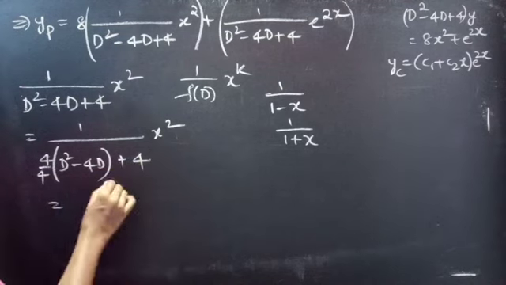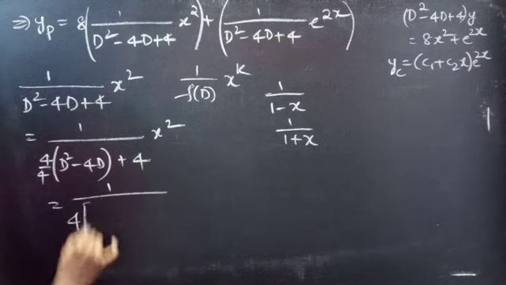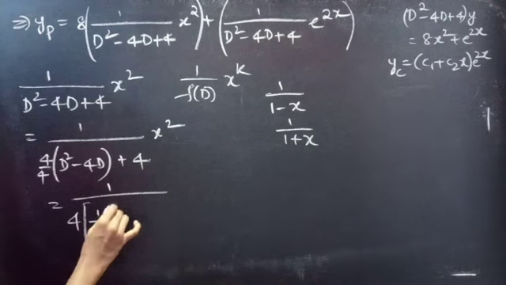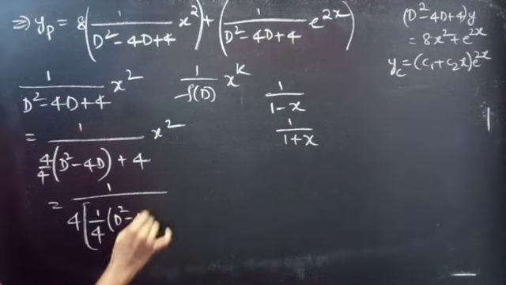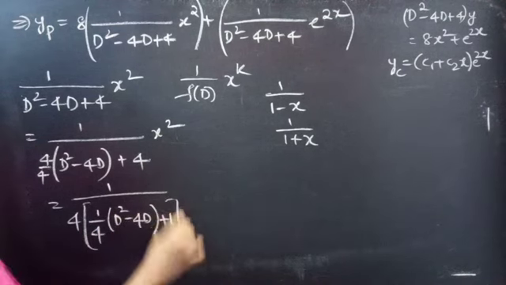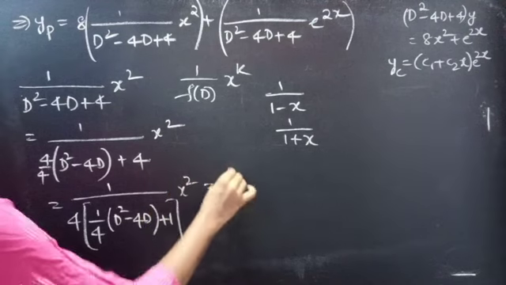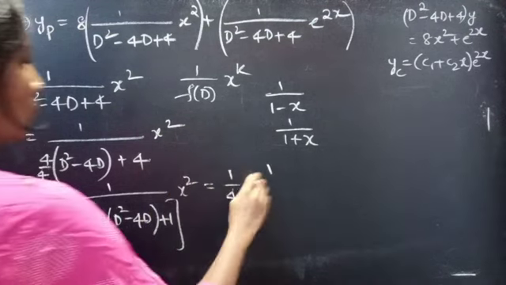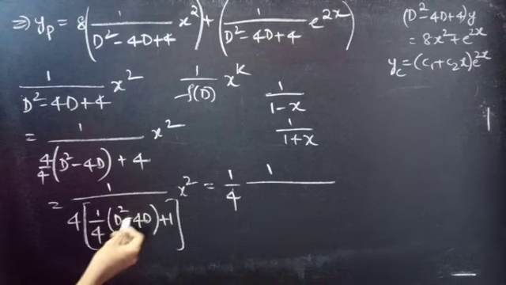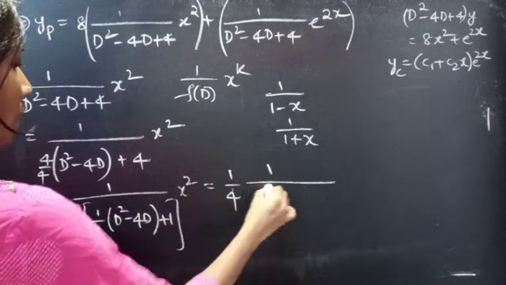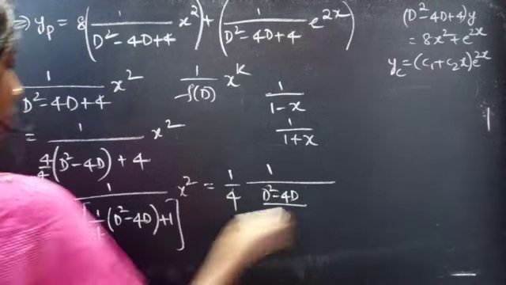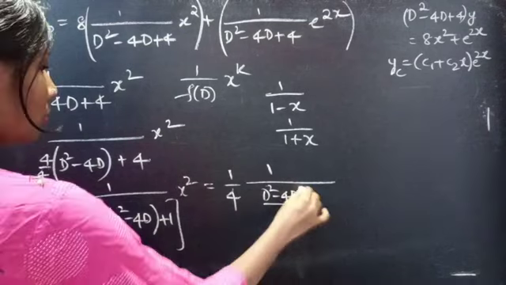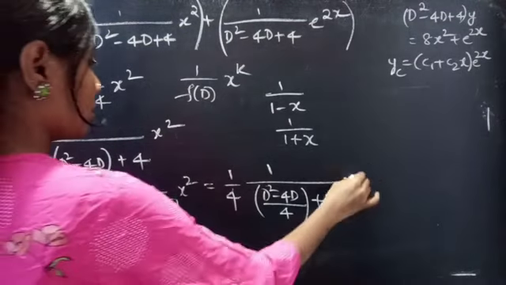Now take 4 common from these two terms. We'll get 1 by 4 times 1 by 4 into d square minus 4d plus 1 into x square, equals 1 by 4 into 1 by 1 into d square minus 4d by 4 plus 1 into x square.